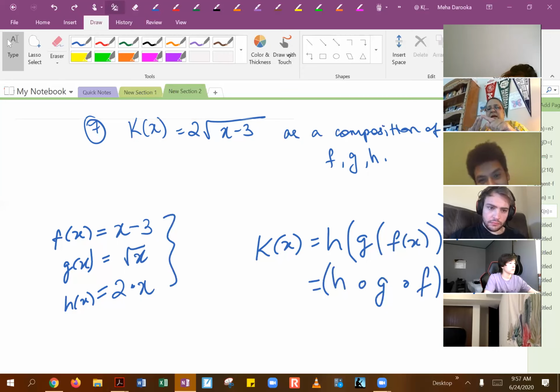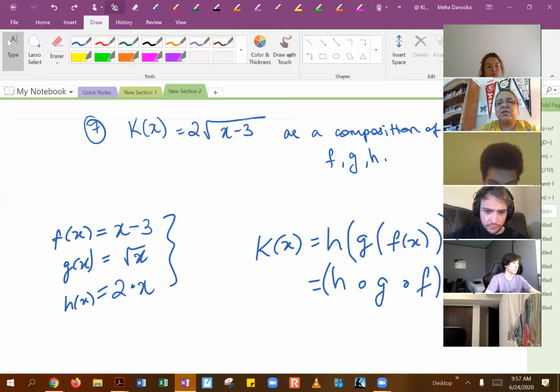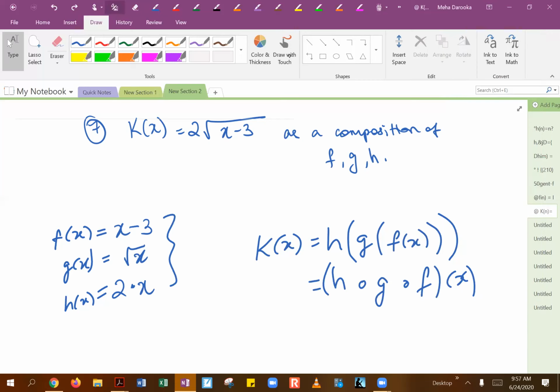Then the second one after that has to be where we take the square root. So that's the middle function. And then the very last operation we would be doing is multiplying by 2, which means the 2 has to be our outermost function. So you really have to see in what order you would be doing your calculations and then work backwards from that. So that's what this composition would then come out to be.